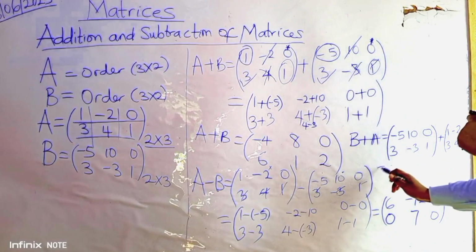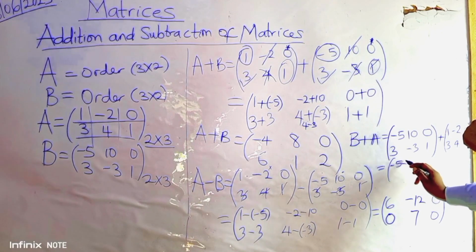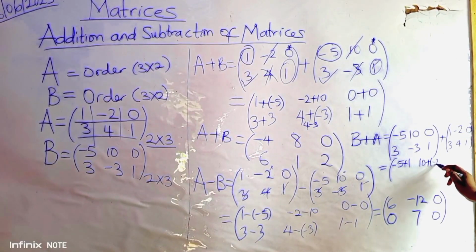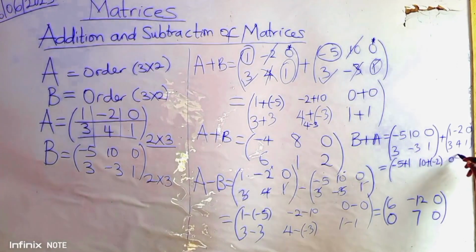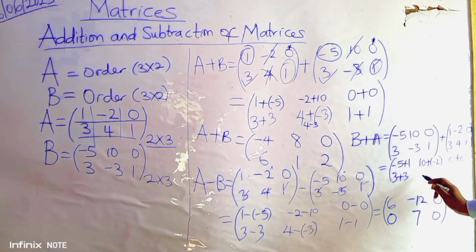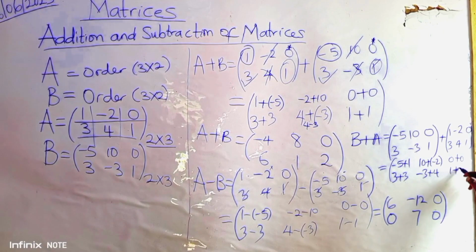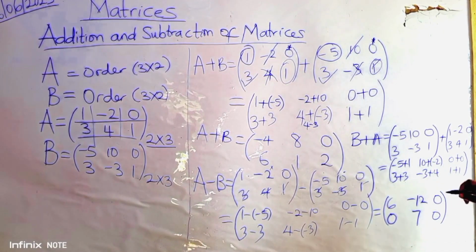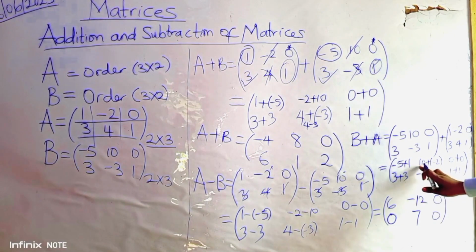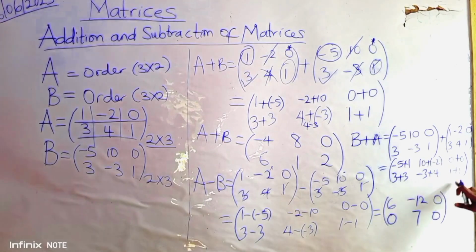So let's add them together. We have minus 5 plus 1, 10 plus minus 2, 0 plus 0, 3 plus 3, minus 3 plus 4, 1 plus 1. So what is the answer? The answer here is minus 4, 8, 0, 6, 1, and 2.